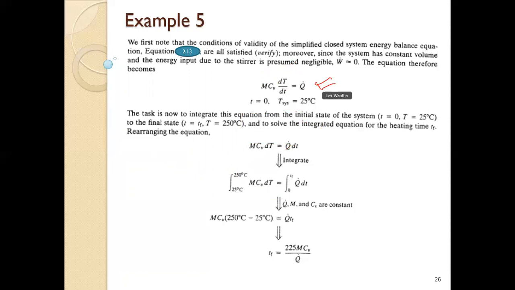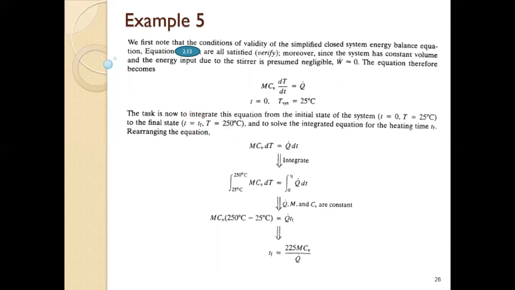We know the initial temperature is 25 Celsius, and the final temperature is 250, but we don't know the final time. We solve for t.